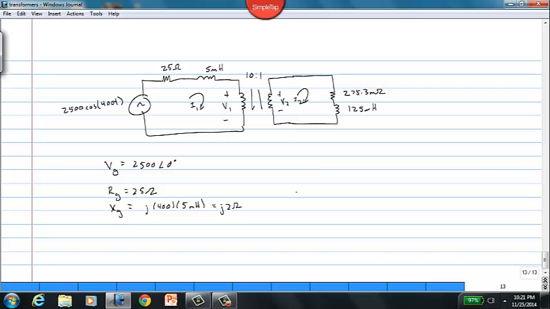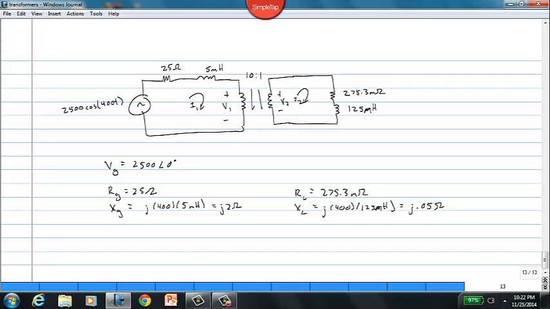R sub L is going to stay at 275.3 milliohms, but the reactance of the load is going to be J times 400 times 125. Sorry, I wrote microhenries here. I meant millihenries, so we're going to multiply that by millihenries, and that's J0.05 ohms of inductive reactance on the secondary side.